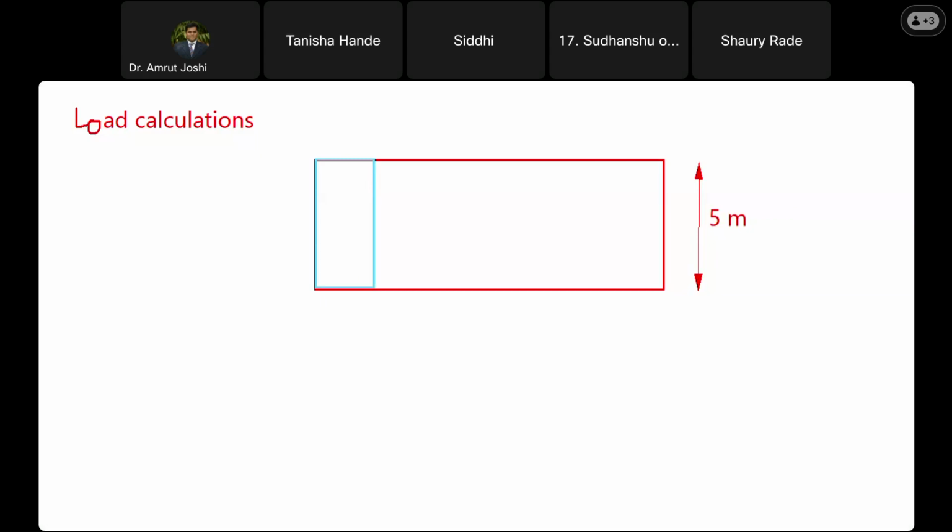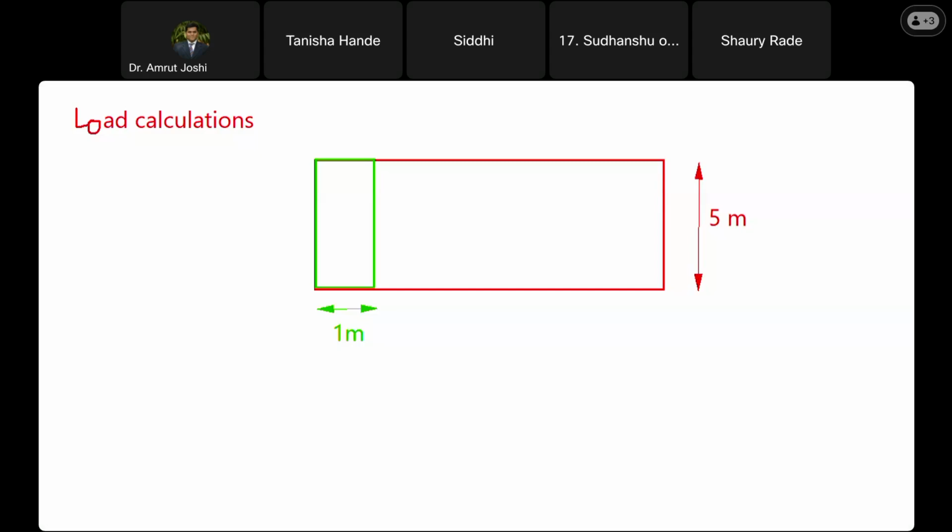How much is this? This is 1 meter. Are you with me? Yes, sir. And this 1 meter strip will keep on repeating. So we consider this slab as these 1 meter wide strips placed one after the other, adjacent to one another. Happy?